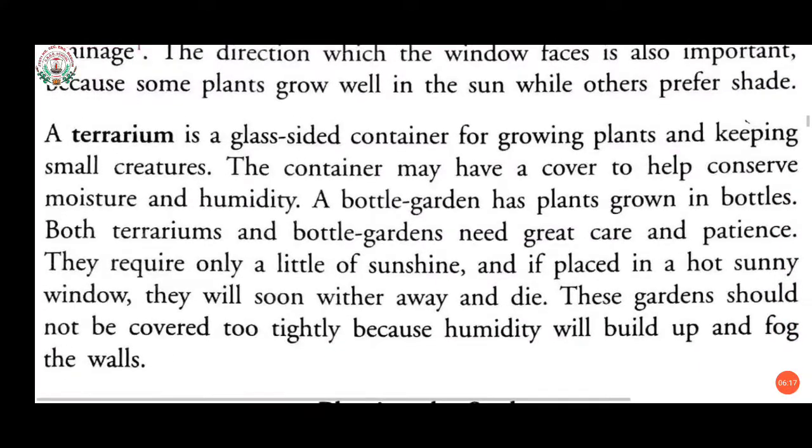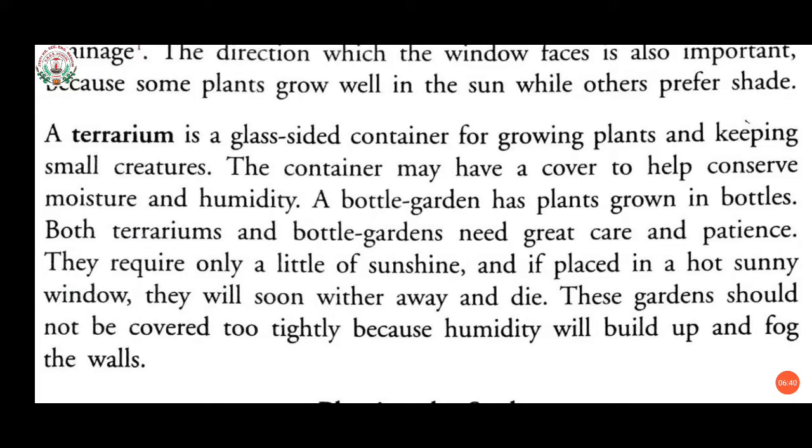So, what is a terrarium? A terrarium is a glass-sided container for growing plants and keeping small creatures. The container may have a cover to help conserve moisture and humidity. A bottle garden has plants grown in bottles.